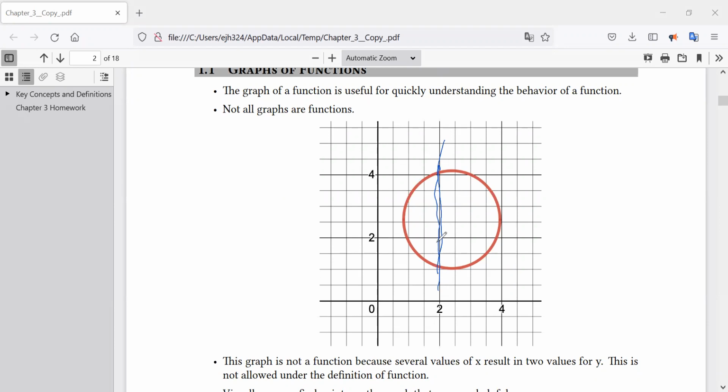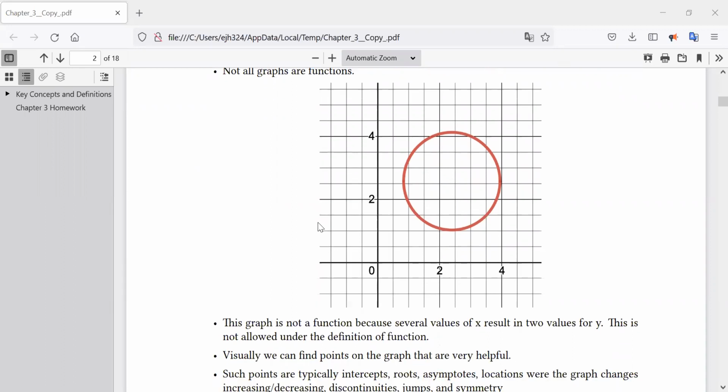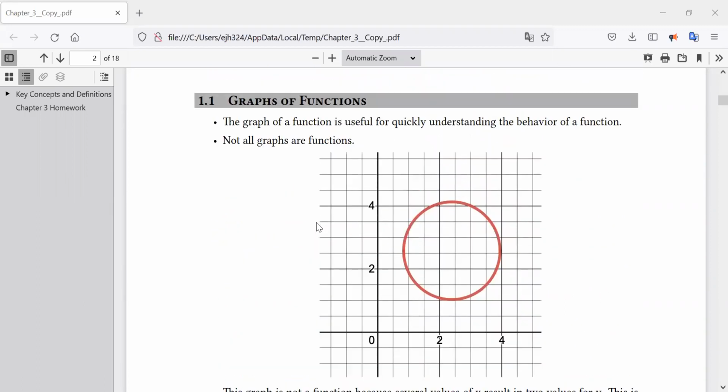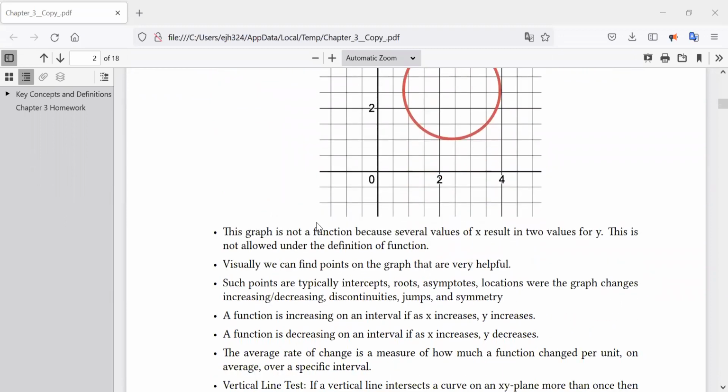If you remember from last week, for it to be a function, every x value has to map to only one y value. This maps to 2, so it is not a function. And that's also the vertical line test right there.